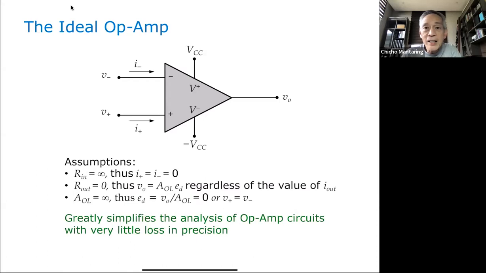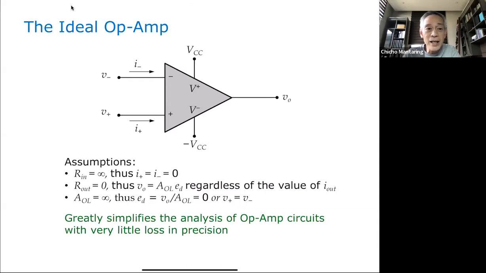Now, ang kagandahan sa op-amp, if we make use of these assumptions, or if we assume that the op-amp is ideal, nagiging madaling-madali ang analysis ng op-amp circuits. The analysis of your op-amp circuit becomes very, very easy. Of course, you can analyze it using the model, no? Yung model na binanggit ko kanina.